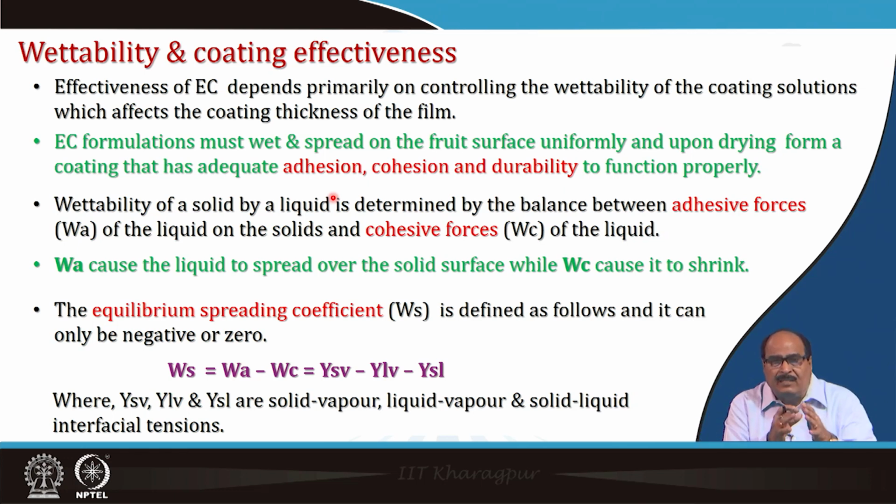So a proper balance between WA and WC has to be set, and that is called the equilibrium spreading coefficient WS, defined as WS = WA - WC, or in other words WS = γSV - γLV - γSL, where γSV, γLV and γSL are the solid-vapor, liquid-vapor and solid-liquid interfacial tensions.